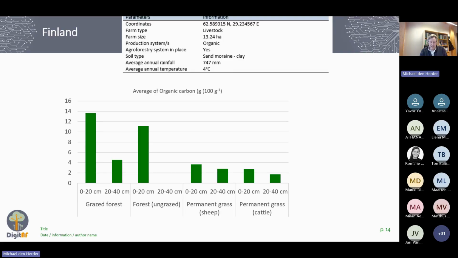The lower depth had less soil organic carbon. The forest also had quite a high level of soil organic carbon, and the permanent grass had much less soil organic carbon. And there was not much difference if it was grazed by sheep or by cows.